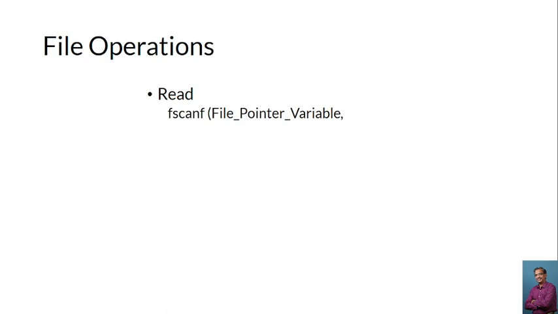Then, just like a normal scanf statement, we mention the data type, which type of data we want, and the variable in which we want to read the data. The only thing is we have to mention fscanf and a pointer variable. The rest is the same: data type and variable.